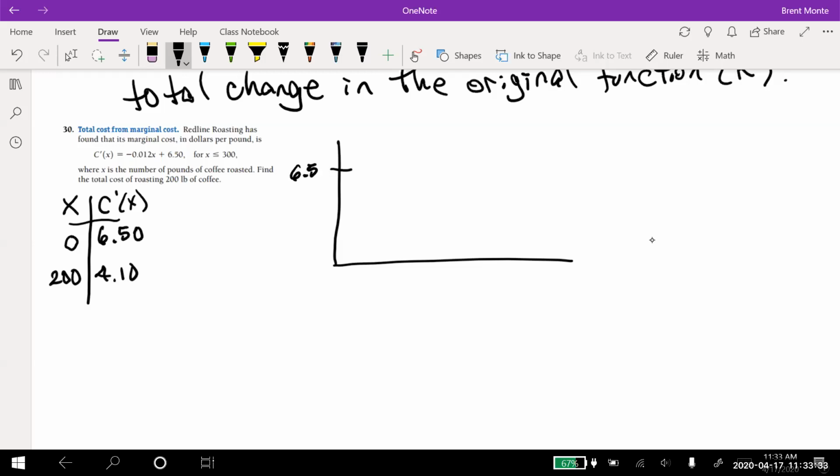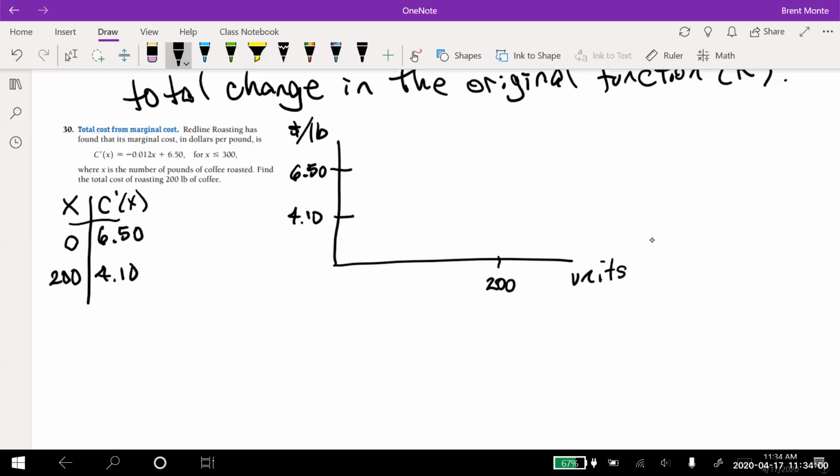Here's going to be 650, and here's 410, and we're going from 0 out to 200 units. Units are along the horizontal, and on the vertical we're going to put cost, and this is actually cost per pound. We'll put LB for pounds.